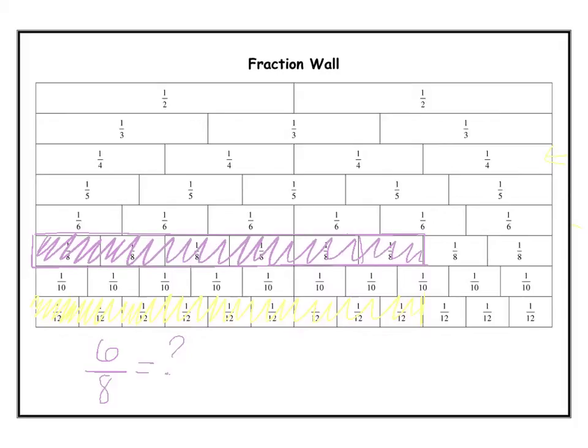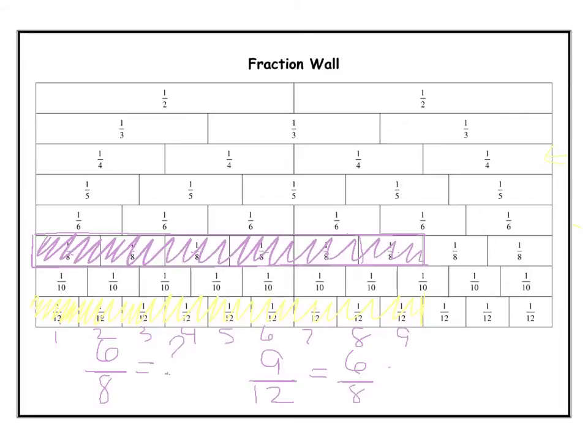And I can see that I have colored in 1, 2, 3, 4, 5, 6, 7, 8, 9 twelfths. All right, so I can write an equivalent fraction that says 9 twelfths is equal to 6 eighths.